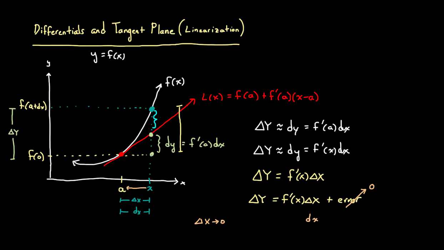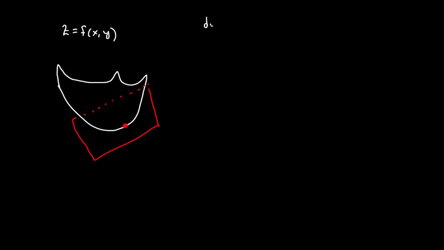As we get incrementally small, this error term goes away, and then we are left with dy equals f prime of x dx. That's no different than what we already stated in the beginning, but it's just another way of thinking of it. So in a tangent line linearization, we showed that dy was equal to f prime of x dx, and that dy can be used to approximate delta y.